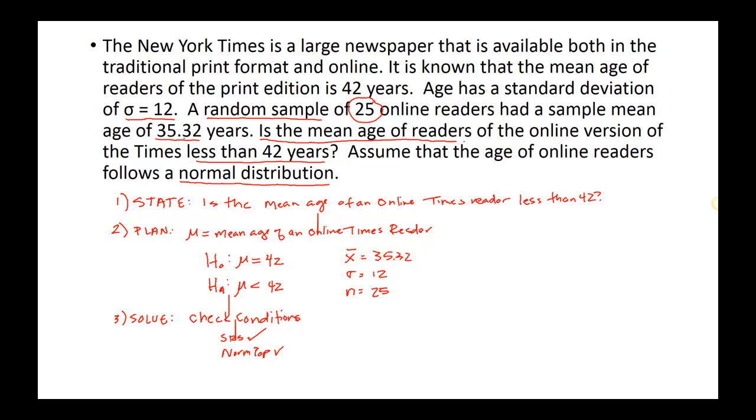The last condition is the training wheels condition that we talked about, which is going to be here for chapters 16 and 17, but then after the next test, it goes away. And that is that we know sigma, but we don't know mu. So sigma is known, and they told us sigma, so we meet that condition as well. Now we're ready to calculate our test statistic.